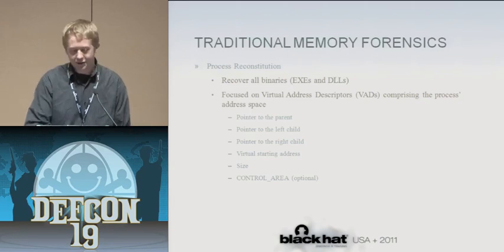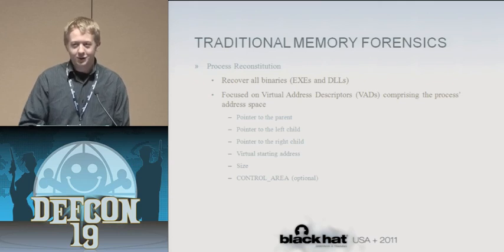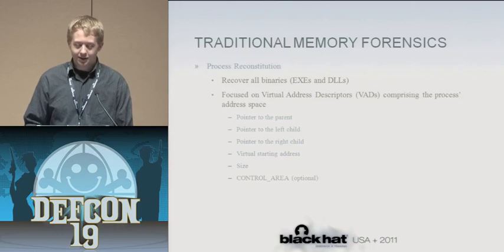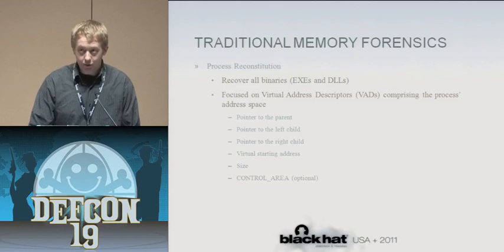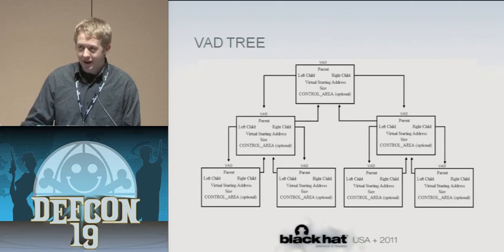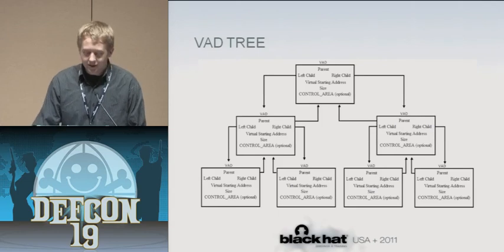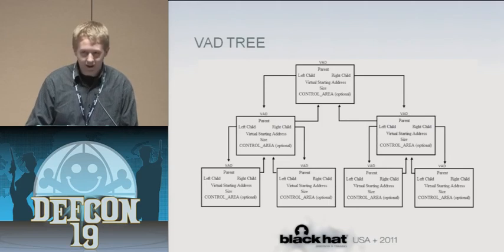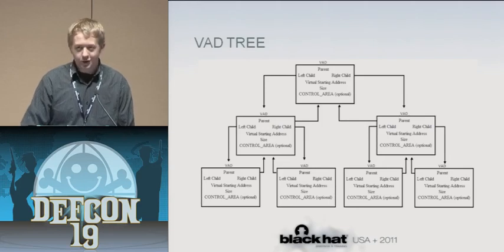As you can see, it's got a pointer to left and right child. It's usually in a tree structure. And each VAD also contains the starting address and the size of the memory, along with a pointer to the control area. So here's a representation of a typical VAD tree. You can see it starts with the VAD root, and each one of those VADs contains information about the virtual addresses of the process.